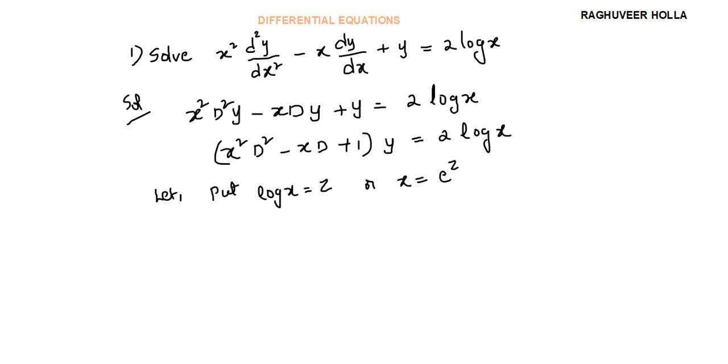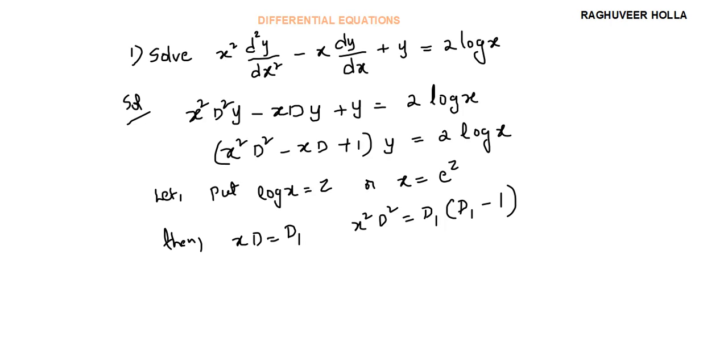Fine, and then afterwards let us substitute these elements, that is xd as d1 and x square d square as d1 into d1 minus 1. Now let us substitute those which I have mentioned here.